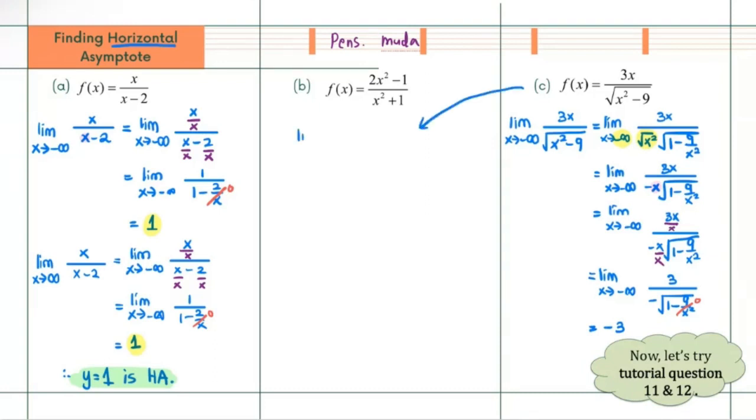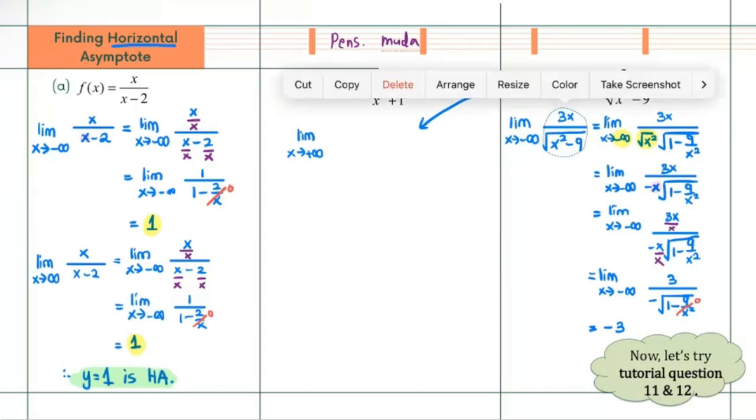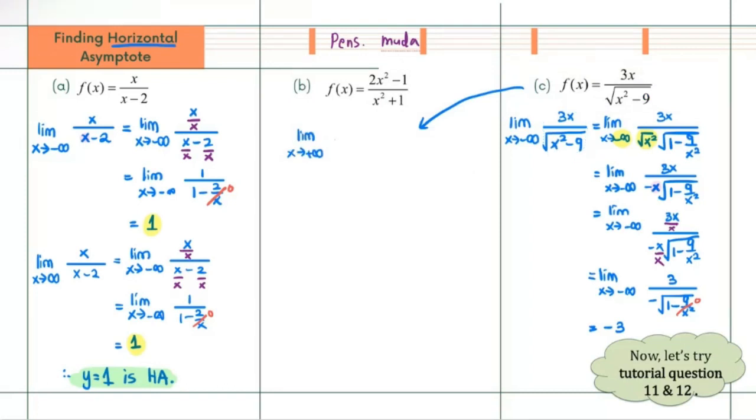Kita pinjam kawasan sini. So limit as x approaching positive infinity pula, kita akan gunakan benda yang sama. So saya punya malas, saya akan copy sahaja. Saya salin di sini, paste. Okay, kemudian kita letak equal limit of x approaching infinity untuk benda yang sama.